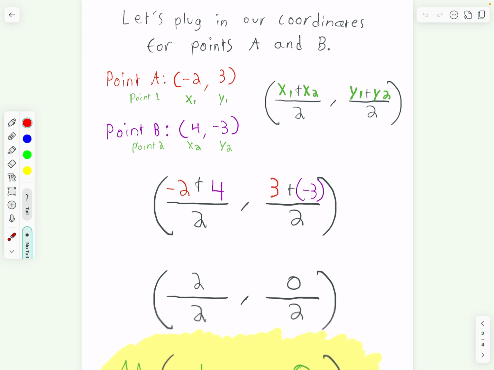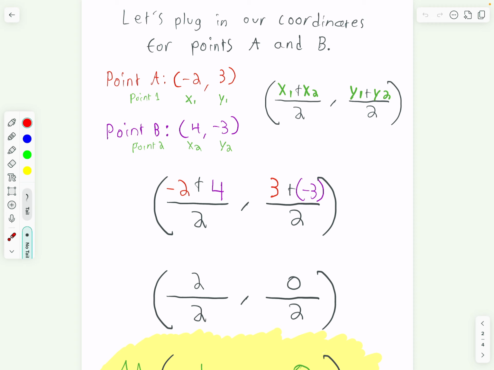Okay, let's plug in the coordinates that we have for points A and B. I listed them out here and here, and then you can see how I made it point 1 and point 2. This is just so we can have x1, y1, and x2, y2. So it just makes it easier when we're plugging it into the formula so we can refer back. Because as you can see, it's saying x1 plus x2.